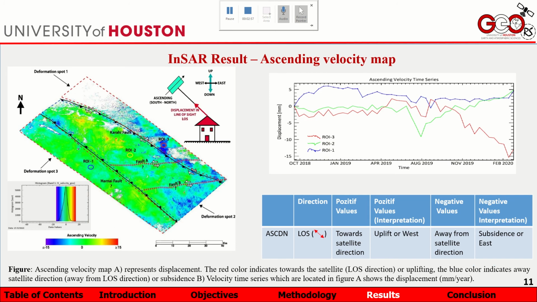And when I look at the ascending velocity map, deformation spot 1 is usually blue color, which means this area is moving away from the satellite. If you consider this one ascending, away from the satellite, it means the movement of the deformation spot is to the east side too.